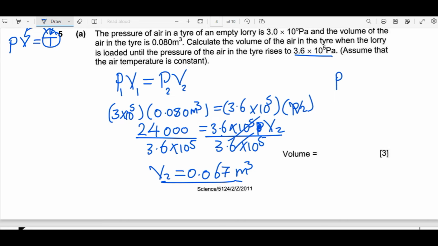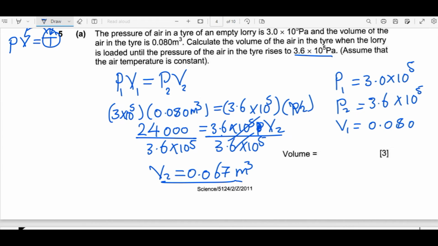Pressure 1 is 3.0 times 10 to the power 5. Pressure 2 is 3.6 times 10 to the power 5. So pressure 2 is greater than pressure 1. Volume 1 is 0.08 meters cubed, then volume 2 is just 0.067.